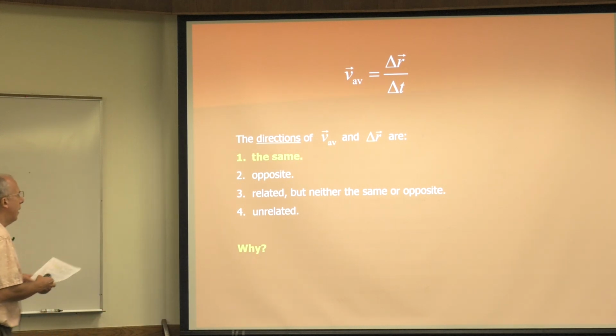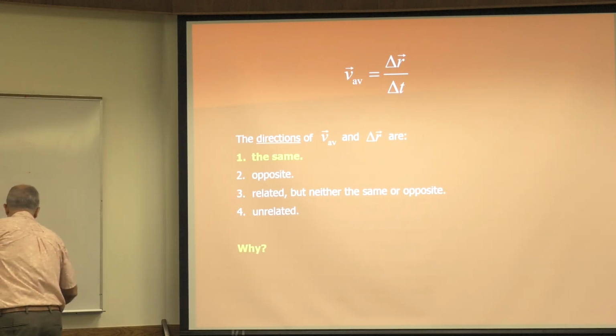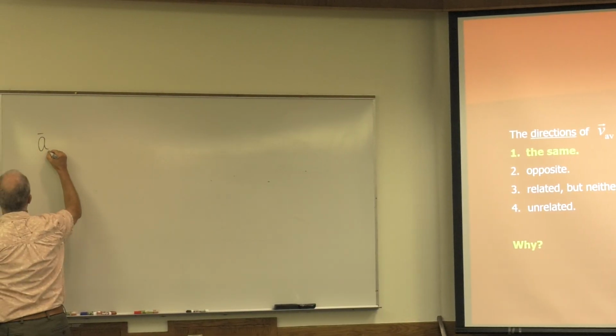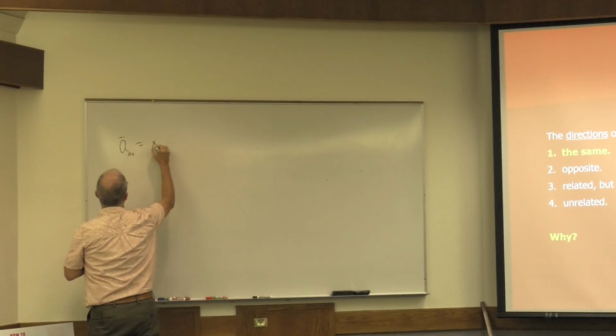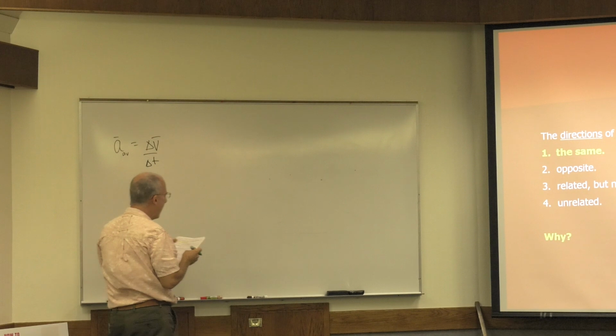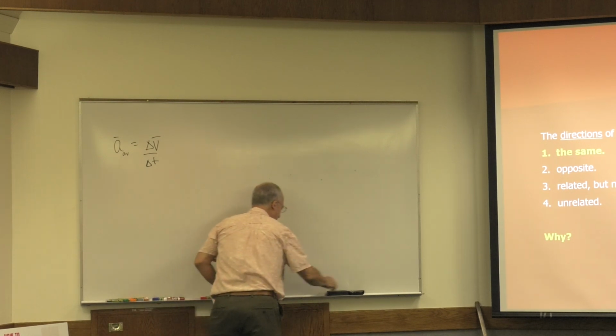Okay? All right. So the directions are the same. Now, what we want to do is we want to carefully consider this. So A average equals delta V over delta T. All right? We want to carefully consider that because we're going to learn a lot.